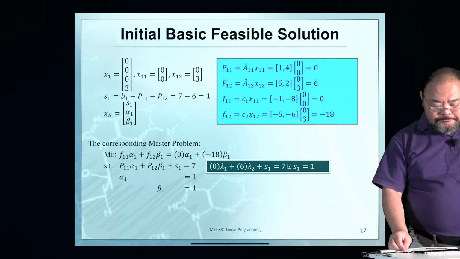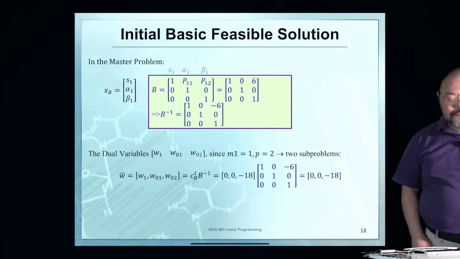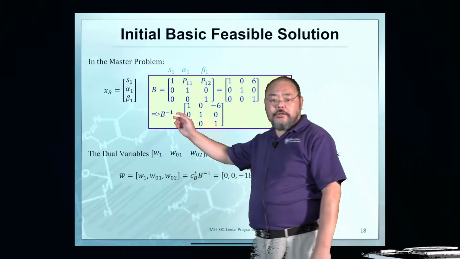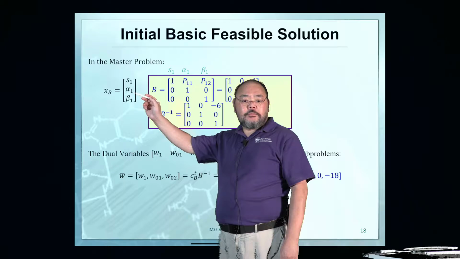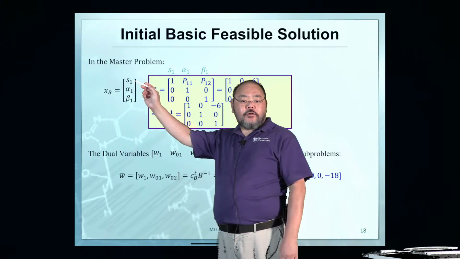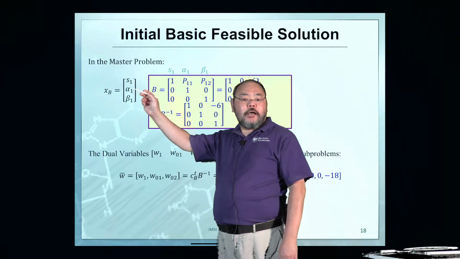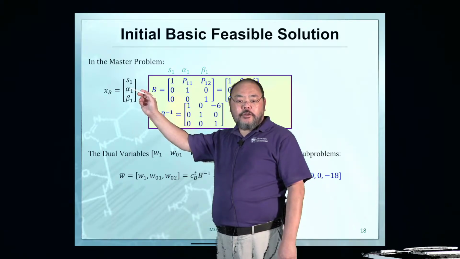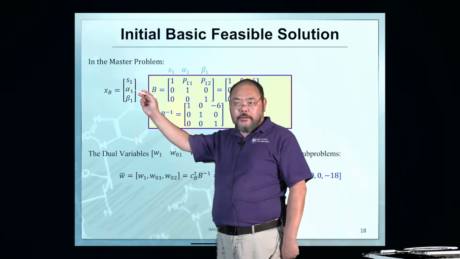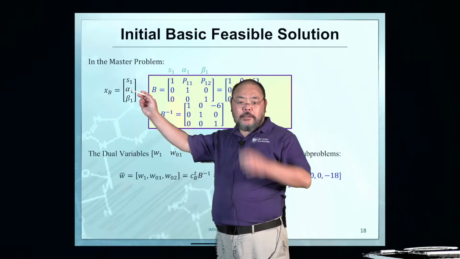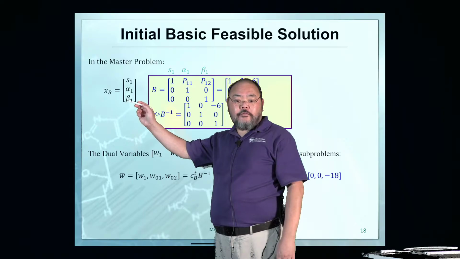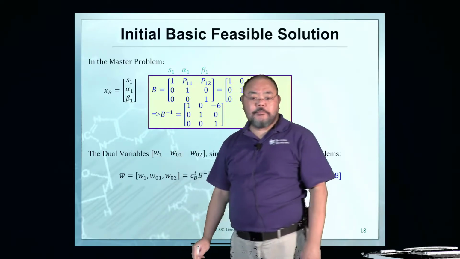For that, my basic variables for my master problem will be my slack variable, which equals 1, and alpha 1, which is the convexity weight for the first part of the subproblem, and beta 1, which is the convexity weight for the second part of the subproblem.